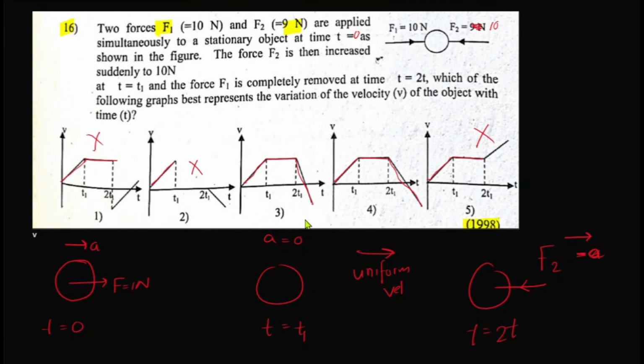Out of these two, what is the graph? If you see the gradients, this gradient is higher, so this deceleration is higher, and this deceleration is lesser. Gradient denotes the deceleration. When you completely remove F1, only F2 is there, which is a large force.